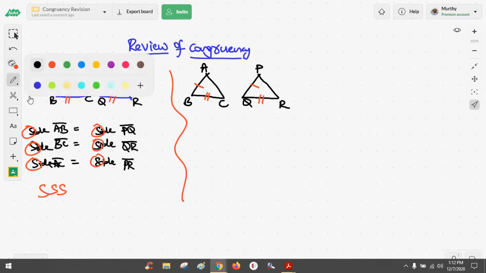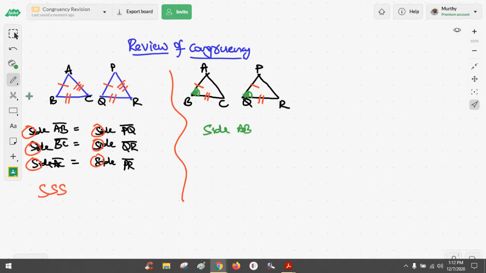These sides are equal. And I'm marking angle B. Please notice that this angle is in between the given two sides, that is AB and BC. Okay. Let's take that side AB equals side PQ. You can see that these two sides are marked with the same symbols. That means these two sides are equal.